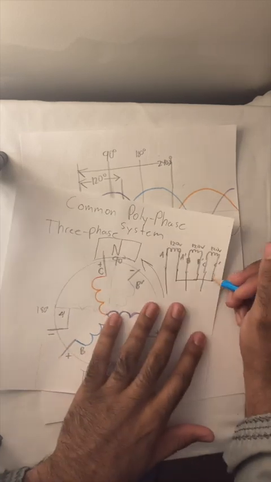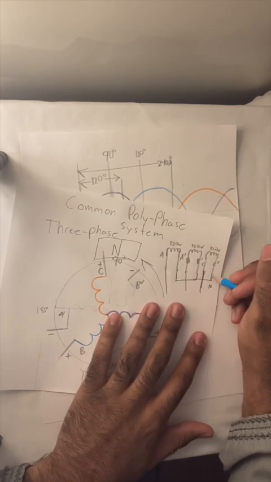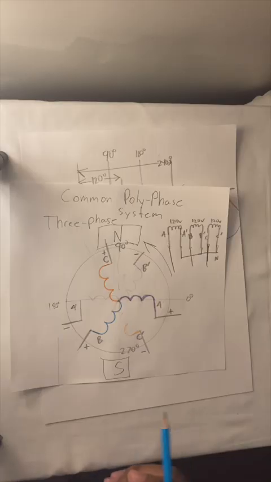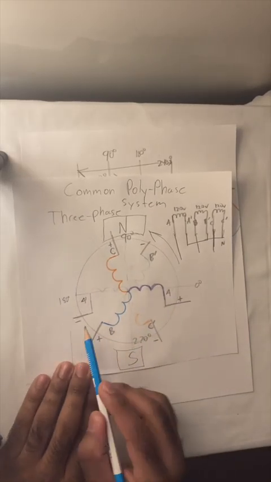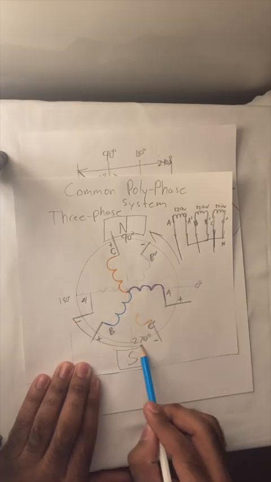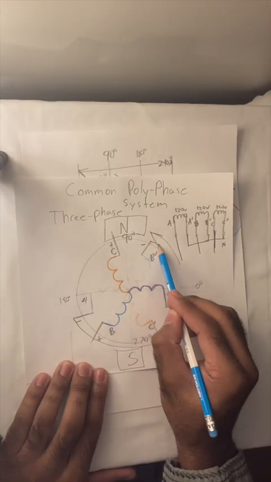This point would be considered N, or a neutral wire could extend from it also. That is, all of these would be joined together.